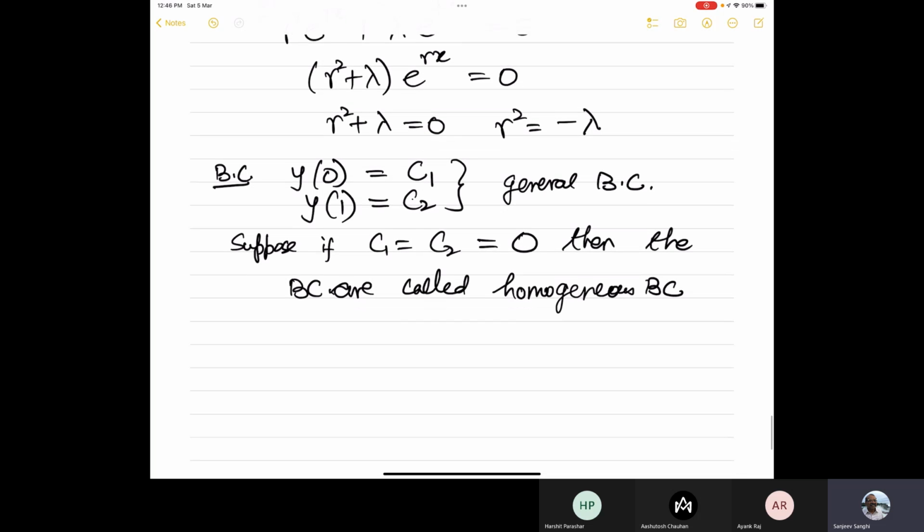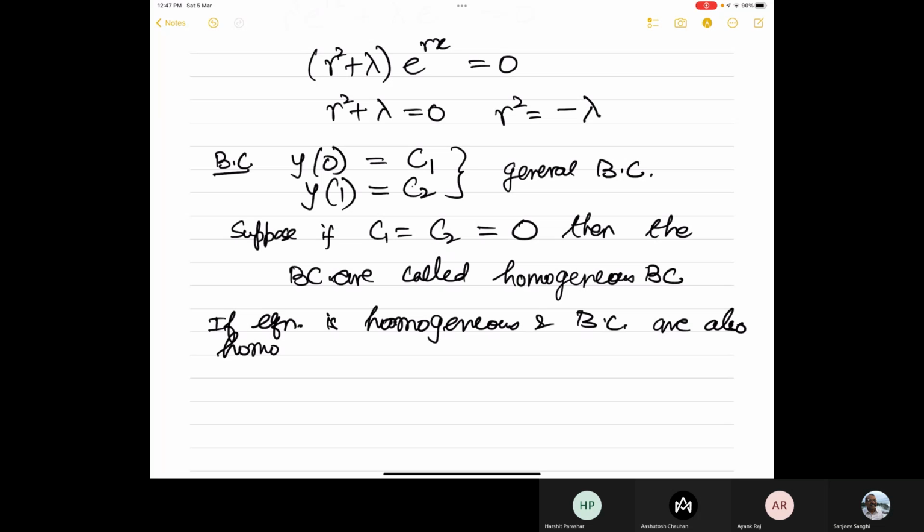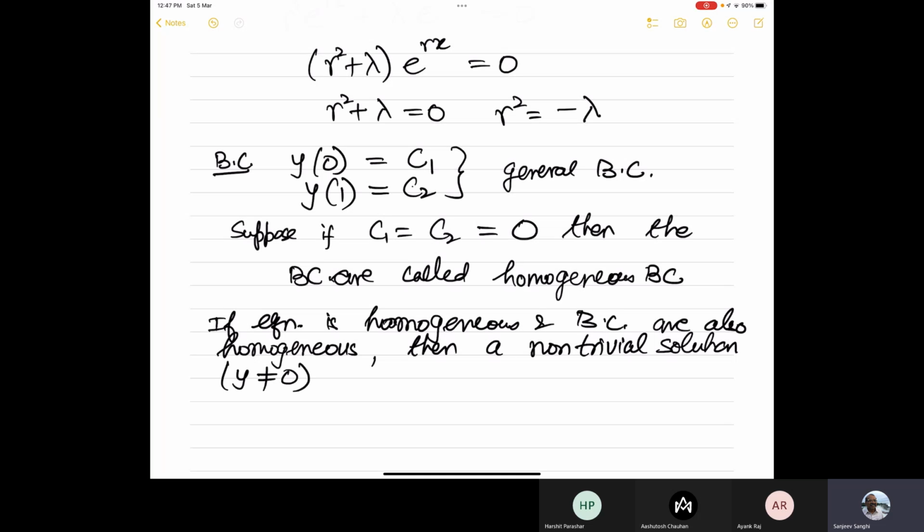Now this is where the eigenvalue comes in: if the equation is homogeneous and the boundary conditions are also homogeneous, then a non-trivial solution. What is a trivial solution? y is equal to 0. A non-trivial solution means y is not equal to 0.